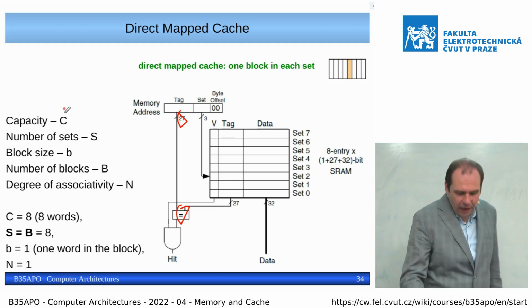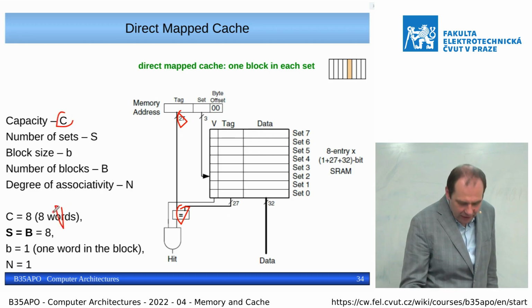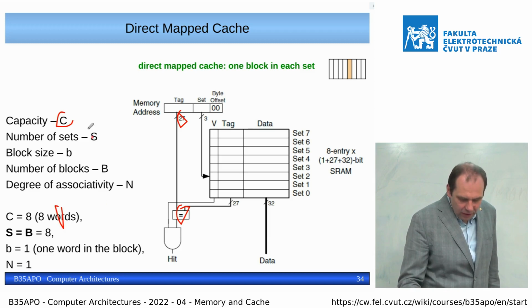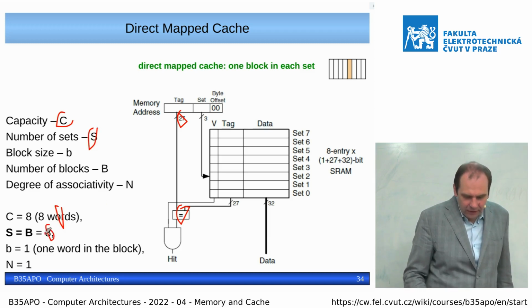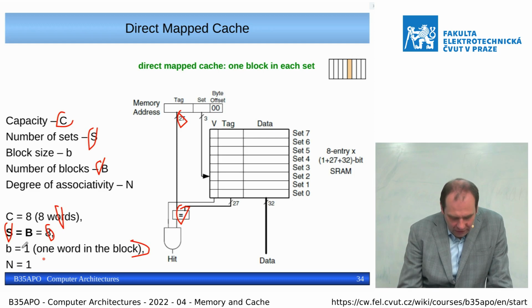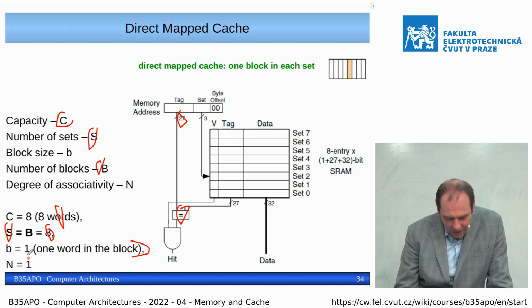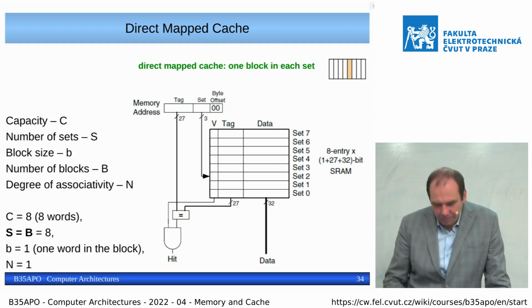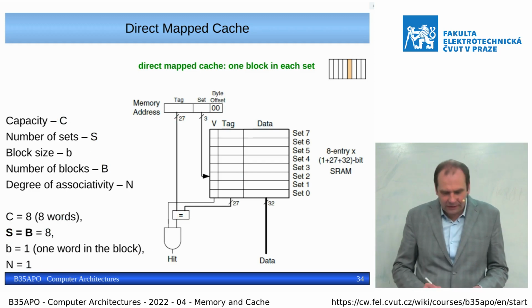So basically our parameters are: capacity, 8 words. The number of sets is in this case equal to the number of blocks, so it is 8. Size of the block is 1 word, and we have only a simple cache. But in this case, we can easily get to problems.